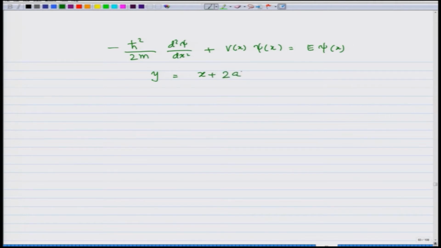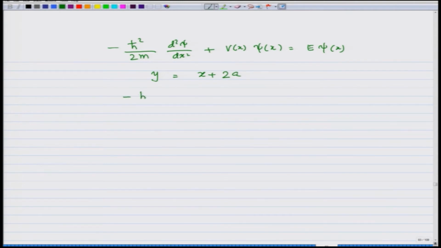So, my original equation was minus h cross square over 2m d2 psi over dx square plus V(x) psi(x) equals E psi(x), and take y to be equal to x plus 2a. So, even if I shift the system by 2a, nothing really changes.